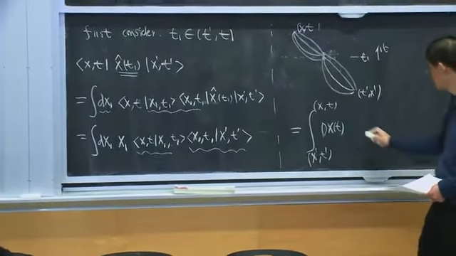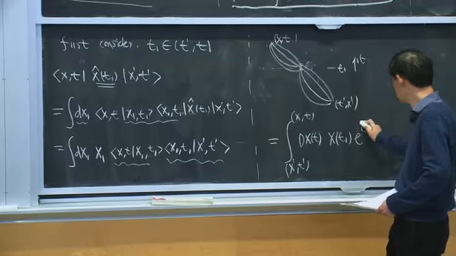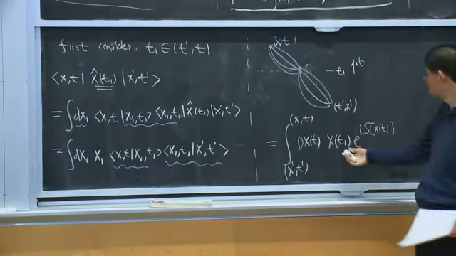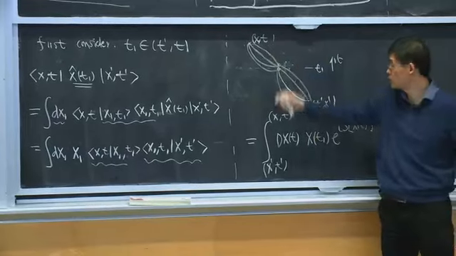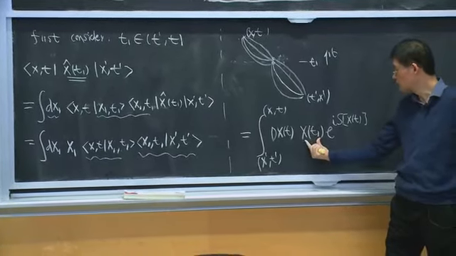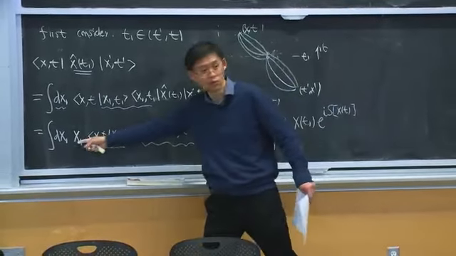But then we just have x(t1) here. Just at this time t1, you multiply in the integrand the value of x at t1. So this is essentially just the x1 here.